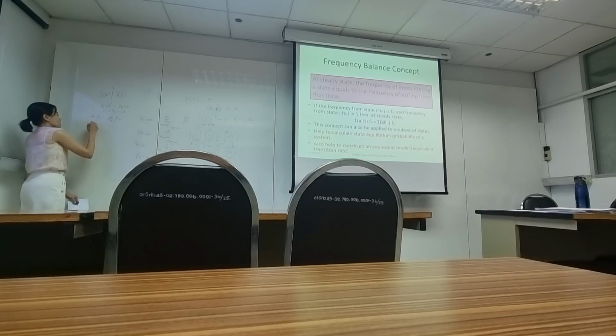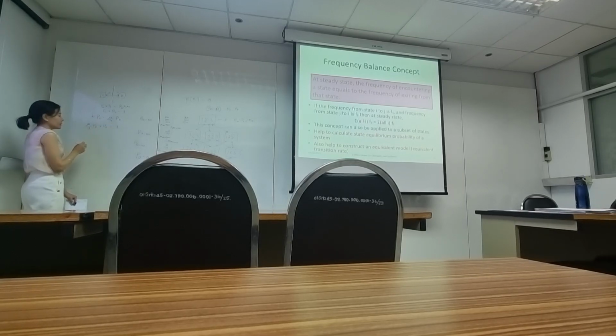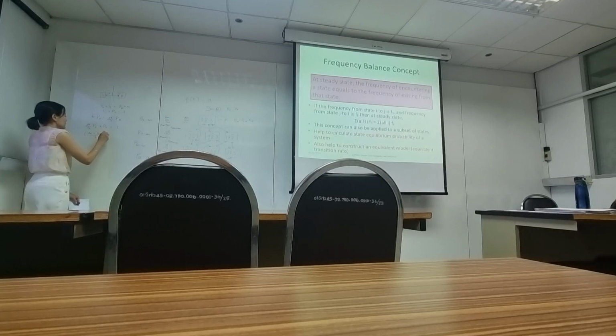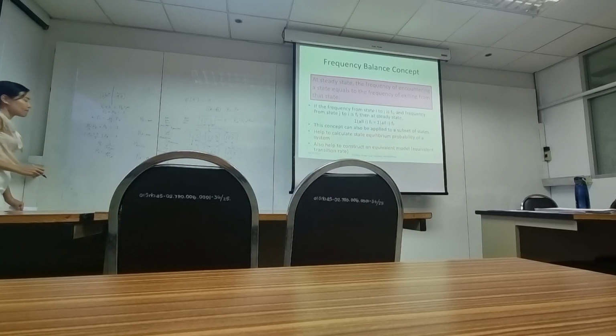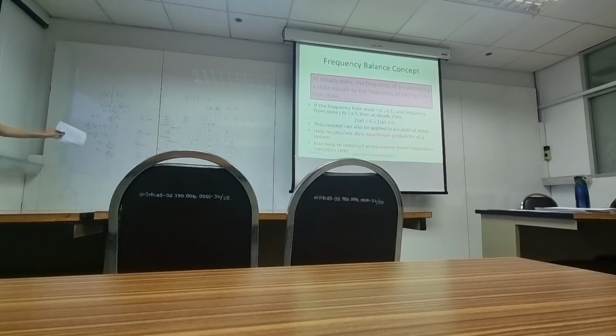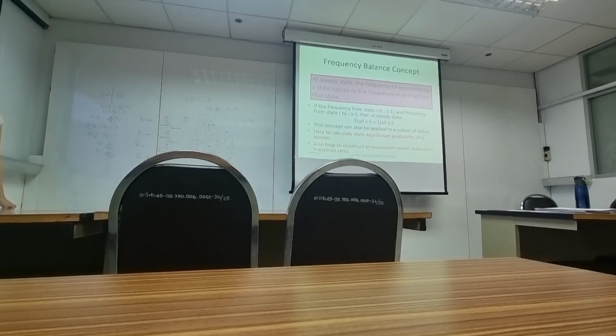Mu over lambda PD plus PD equals 1. So mu plus lambda over lambda PD equals 1, or PD equals lambda over lambda plus mu, and PU will be equal to mu over lambda plus mu. So that is how we can use the frequency balance technique to solve this equation.